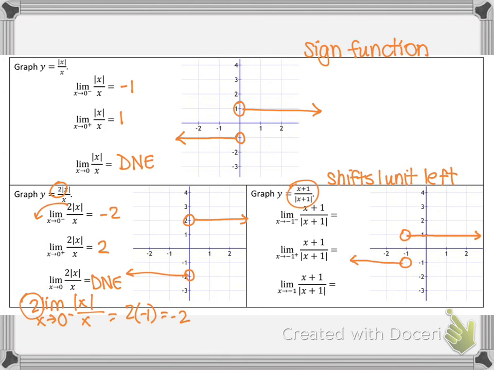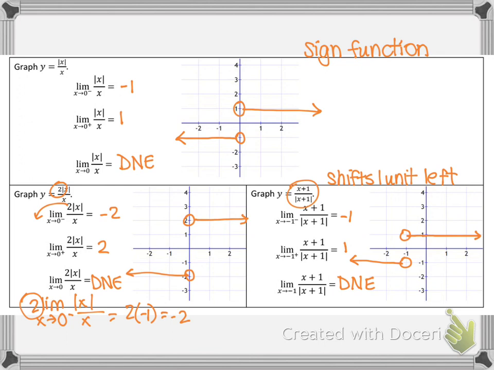So our limit as x approaches -1 from the left-hand side is -1. Limit as x approaches -1 from the right-hand side is 1. We have an overall limit that does not exist because the right-hand limit does not equal the left-hand limit.